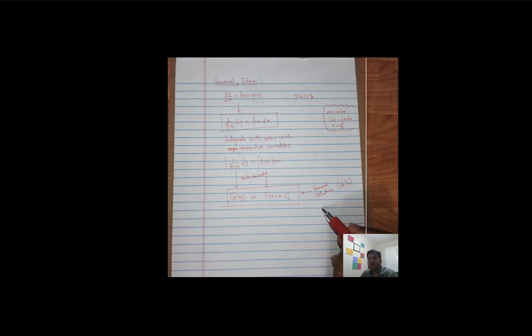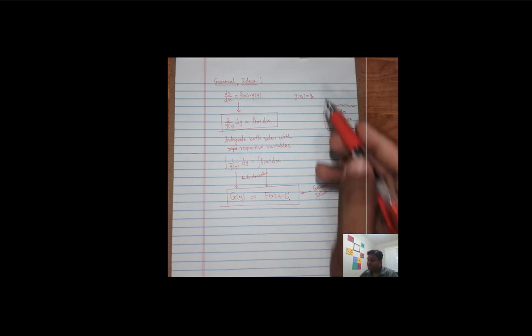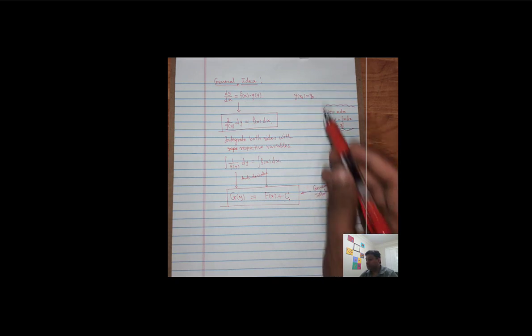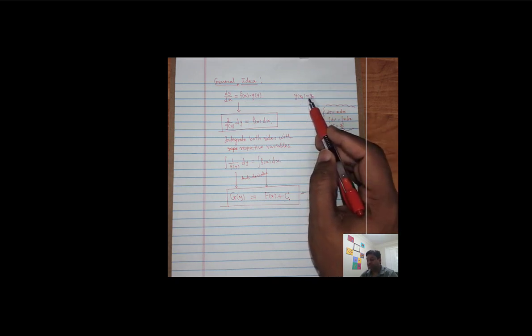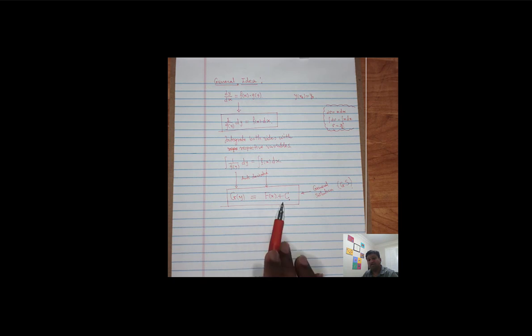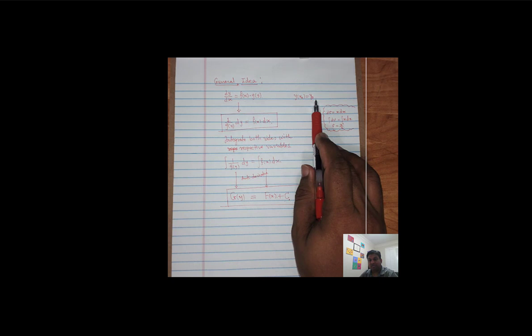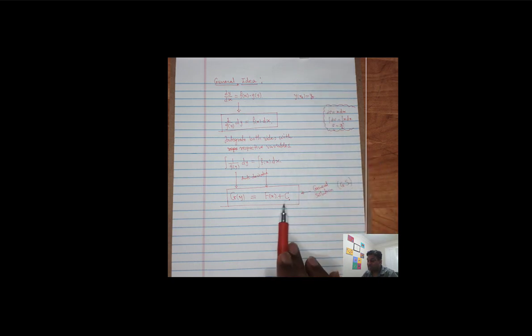Now let me tell you how this initial data can be used to obtain one very particular solution that goes through the initial data. So this is a set of infinite solutions. It is a function of y, x, and then you have c. If I supply you the values of x and y in terms of numbers, then convince yourself that it is possible to compute the value of c.